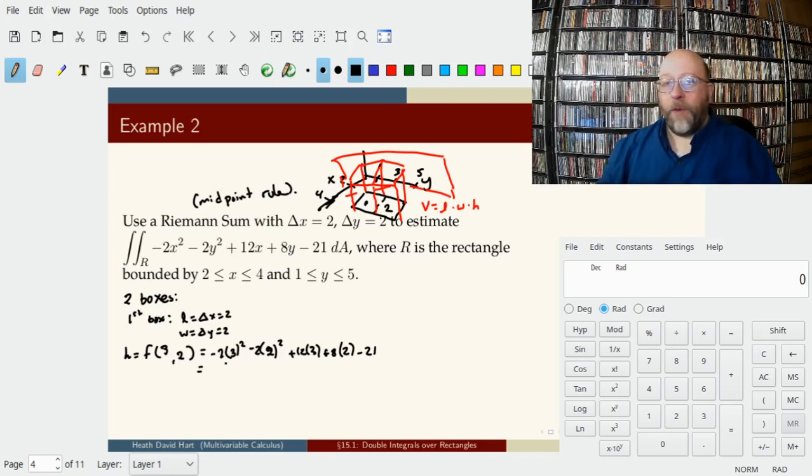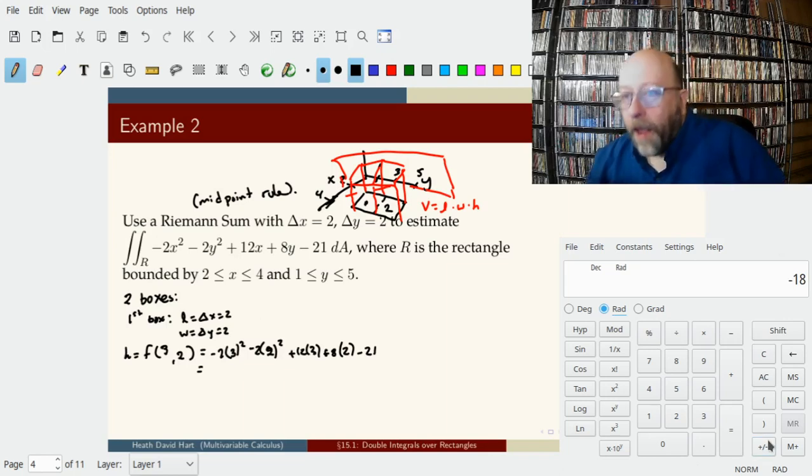All right, so what do we get here? Negative 2 times 3 squared is negative 18. So we're going to make this a negative 18. And then 2 times 2 squared is 8, so we're going to subtract 8.